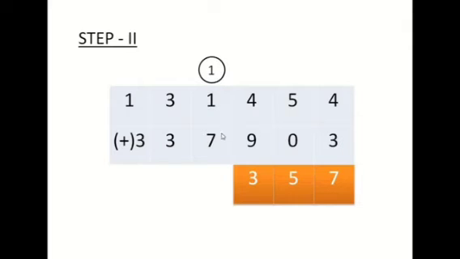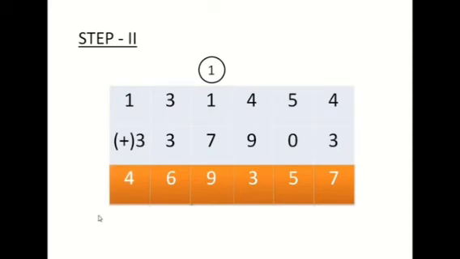Now 1 plus 1 plus 7 gives you 9. 3 plus 3 equals 6. 1 plus 3 gives you 4. So your addition is over and the sum is also over, and that is the final answer.